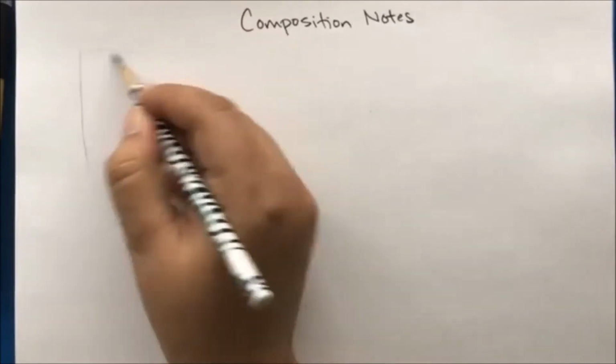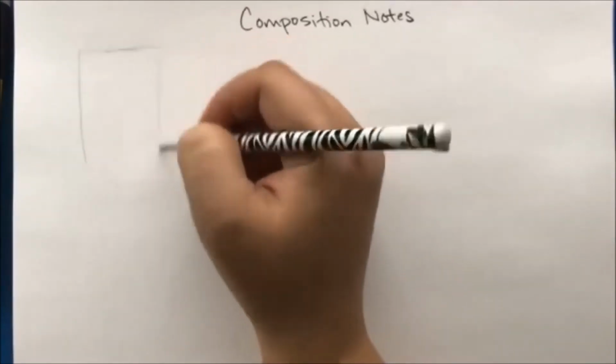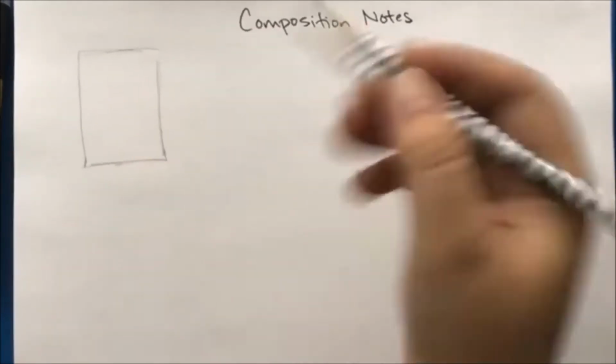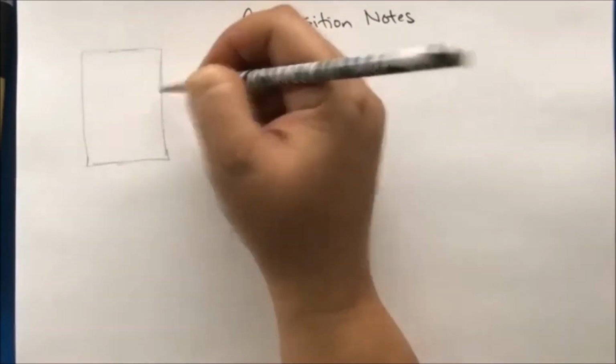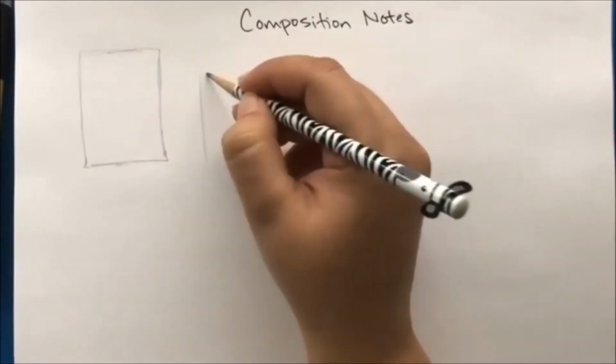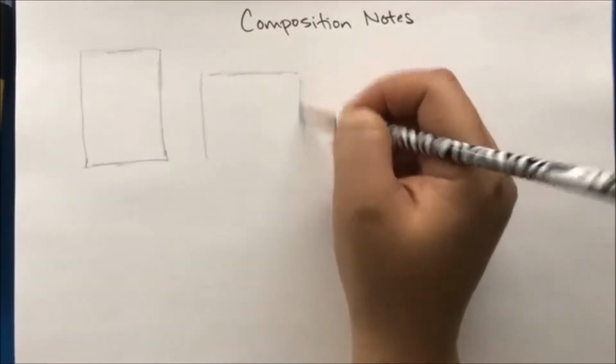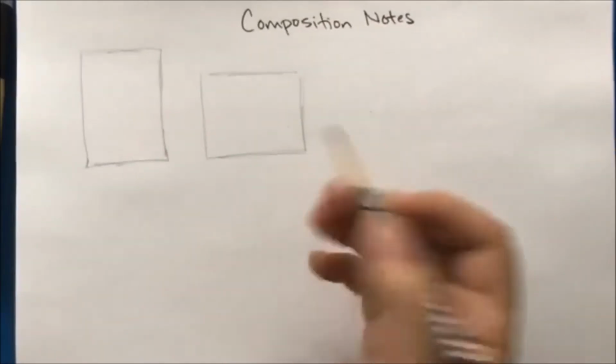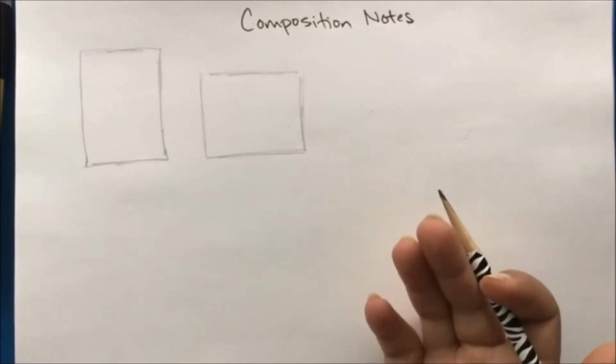When you're creating sketches, you're creating small boxes, and the boxes represent the edge of your paper. Your paper could go this way, or your paper can go this way. You want to roughly make it to the shape of your paper.